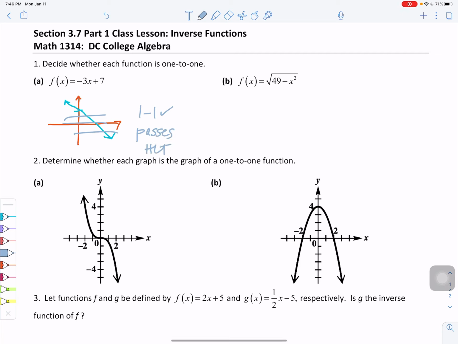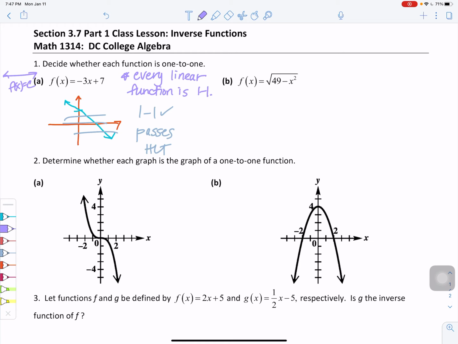But keep in mind that every linear function is one-to-one. Now, I say every, but don't forget we have that constant function, f of x equals c. That is not one-to-one. But every other linear function is one-to-one.